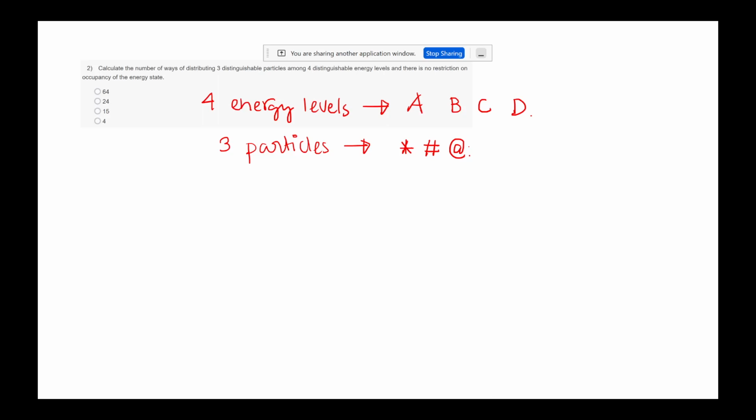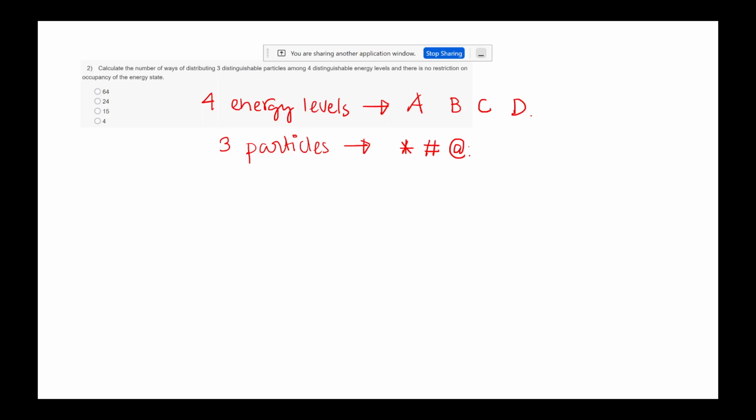Here you can think like this: always choosing an energy level, there can be four possibilities, A, B, C, D. Since there is no restriction on occupancy, it can happen that 3A happens, or 3B, or 3C. All the particles can be in A, or B, or C, or D. Or one particle in A, one in B, one in C, or B, C, D, or two particles in A, one in B.